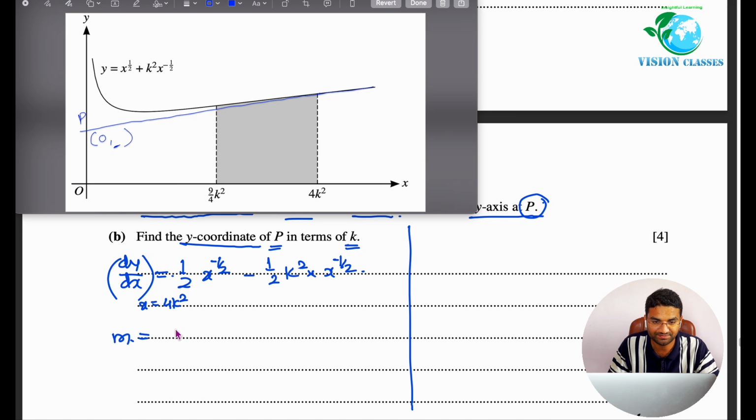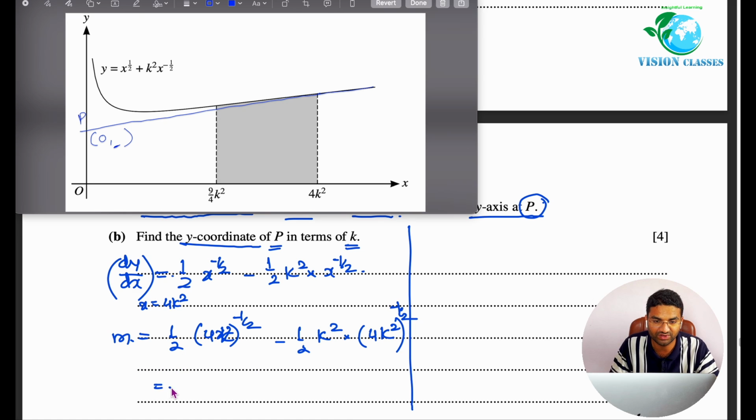So here 1 upon 2 times 4k square raised to negative 1 by 2, minus 1 upon 2 k square times 4k square raised to negative 3 by 2, right?